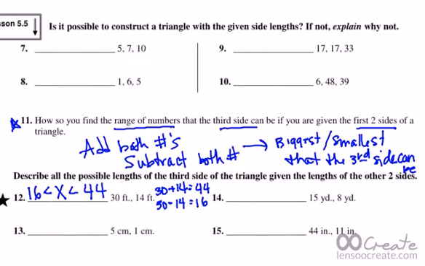Or you can write it in words: third side between 16 and 44. The one thing you cannot do is write 16 to 44, because that really is a subtraction symbol, and we don't want to miscommunicate what we intend.